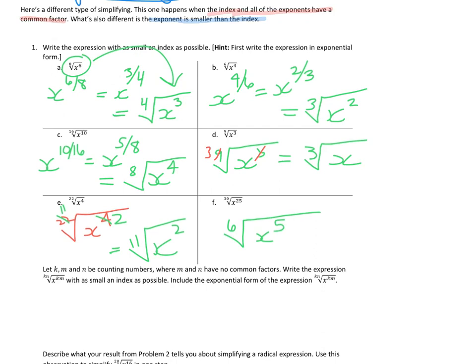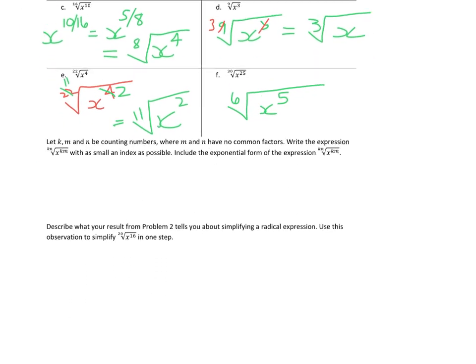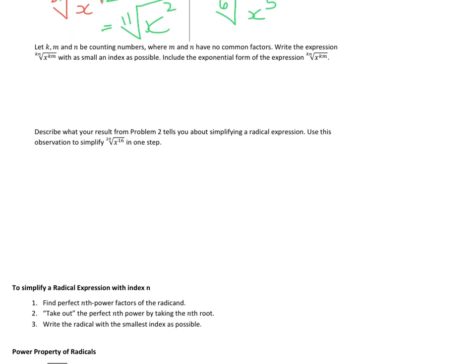All right. So in general, let's look at this rule. Let k, m, and n be counting numbers, all right, so positive integers. M and n have no common factors. We want to rewrite this expression with as small an index as possible.